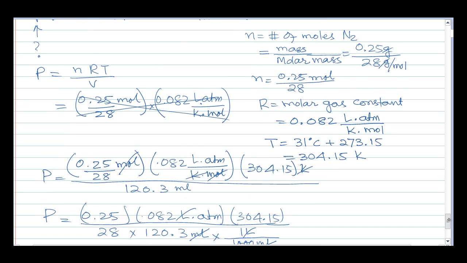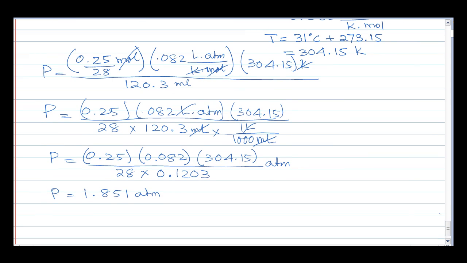So the final answer should have the least number of significant figures of the numbers that we've used. So this should be in two significant figures. As you can see, I really have to underline 1.8 and then 5. When you round it up, the pressure is going to be 1.9 atmospheres. So this is the pressure inside the ball that we can calculate.